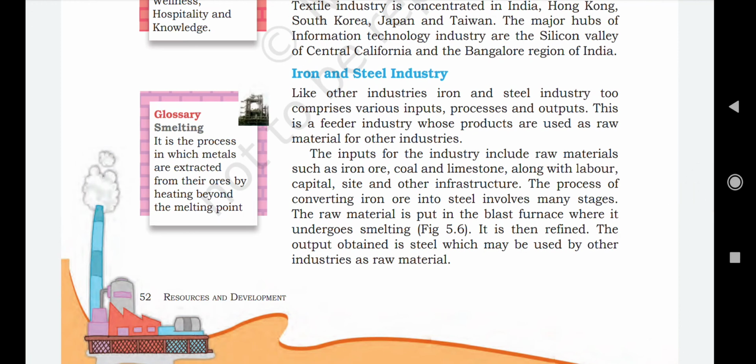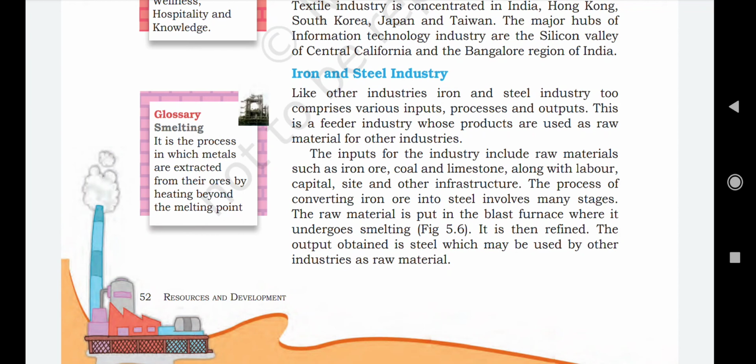So, the iron and steel industry. Like other industries, the iron and steel industry comprises inputs, processes and outputs. To produce the product, first they need raw material from other industries. The inputs include raw materials such as iron ore, coal and limestone, along with labor, capital, site and other infrastructure.